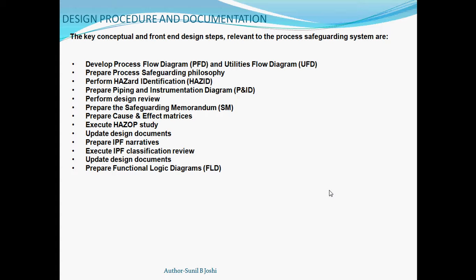Then perform hazard identification, prepare piping and instrumentation diagram. Then we perform a design review under which we study the design integrity of the system. Then we prepare the safeguarding memorandum under which we will enlist all the major safeguards that are available within the plant equipment wise. Then we prepare cause and effect matrices which will give you all the major IPF functions and what causes they are operating on.